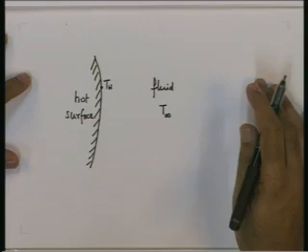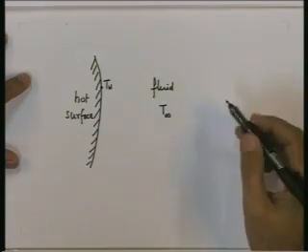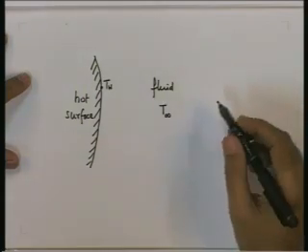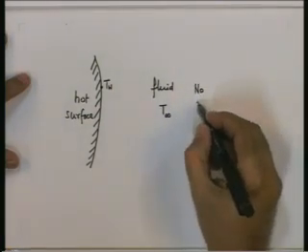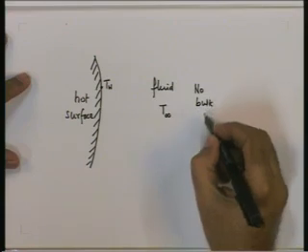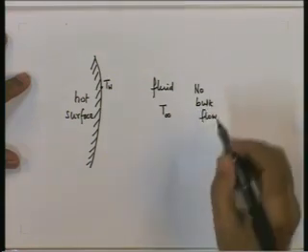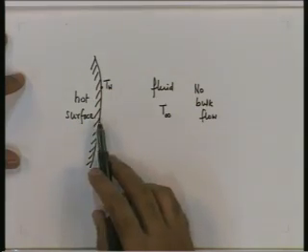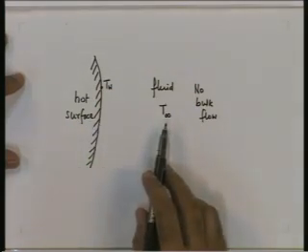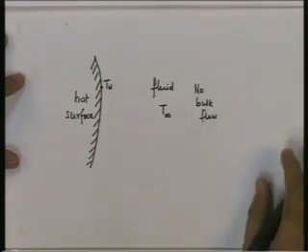Let the temperature be T infinity. There is no bulk flow. That means if the hot surface were not at a different temperature, the fluid would remain stagnant.